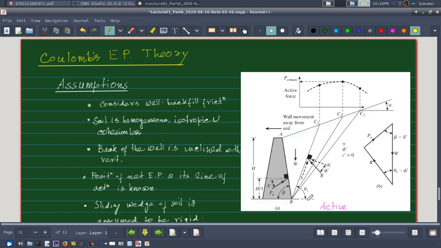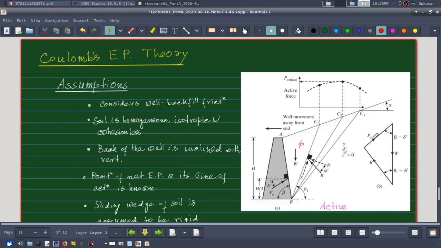If this is theta 1 and the angle of internal friction of the soil is say phi, so this angle will be theta minus phi, and similarly the other angle will be beta minus delta. So this angle is theta minus phi, the angles acting towards the right of the failure plane, and this angle is related to the back of the wall, that is beta and delta. That way you can remember.